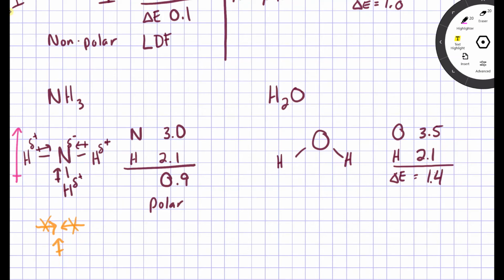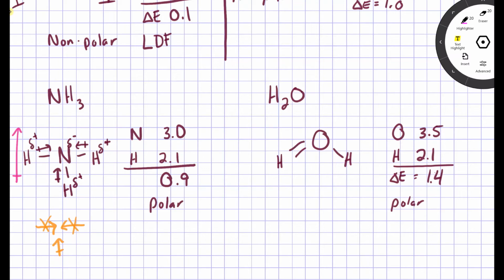So this is going to be a polar bond. Let's see if our molecule is polar. Because we have the 2 lone pairs, this is not symmetrical. So that means that it is going to be a polar molecule.